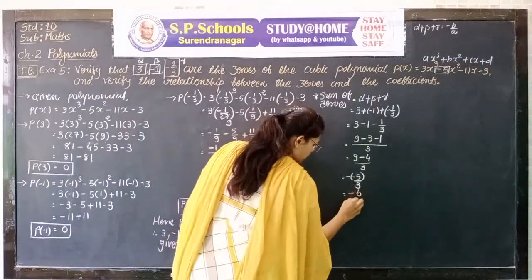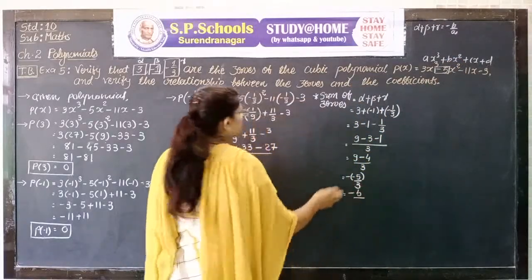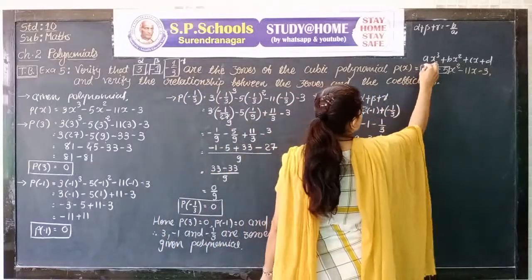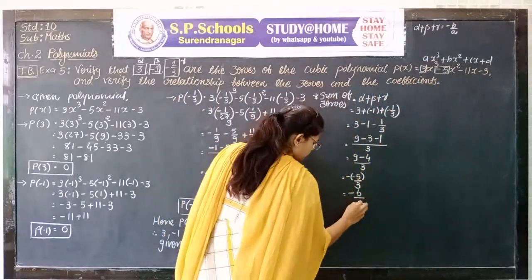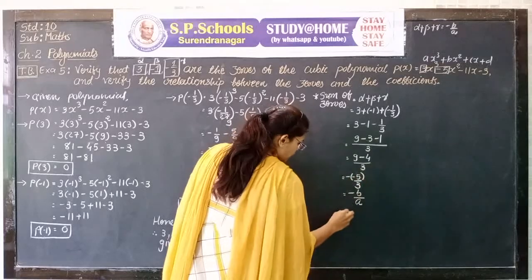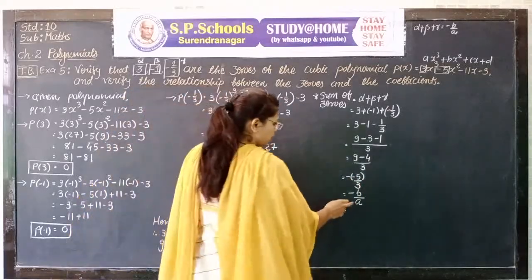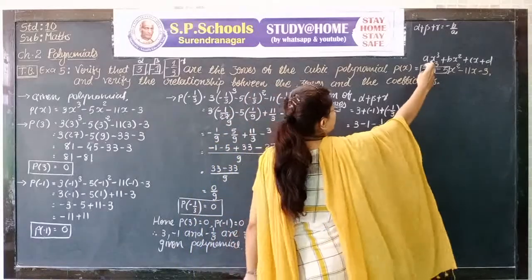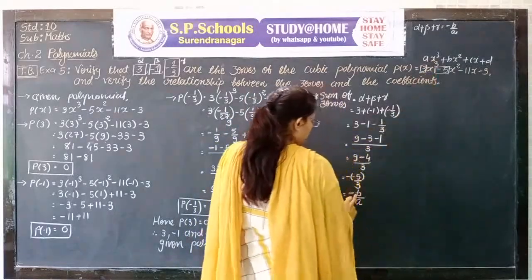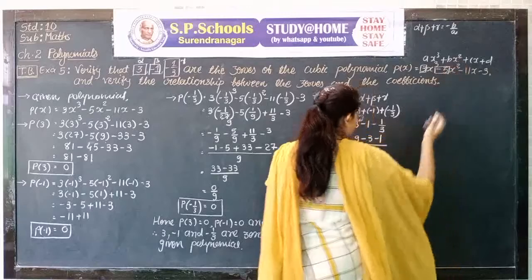Here instead of 3, 3 is equal to a. Now, what are the coefficients here? A and b. A is the coefficient of x cube and b is the coefficient of x square.